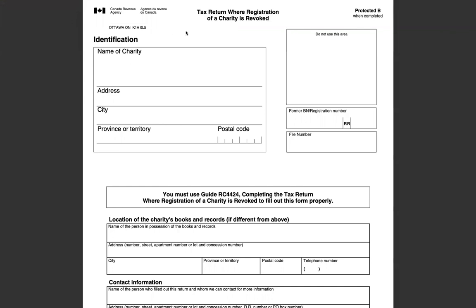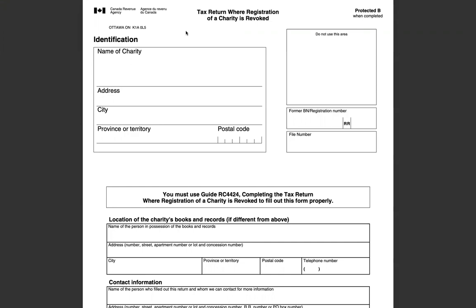Today we are talking about the tax return where the registration of a charity is revoked. You have to fill out form T2046 if the charity registration is revoked.